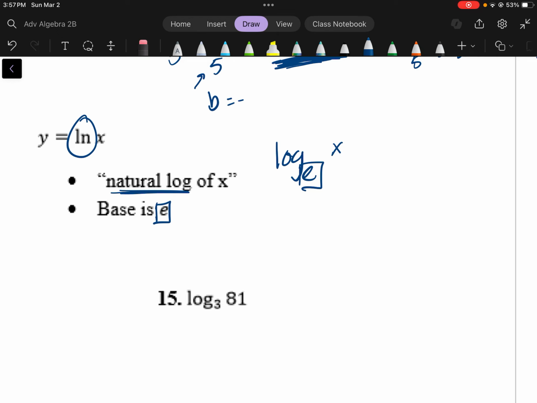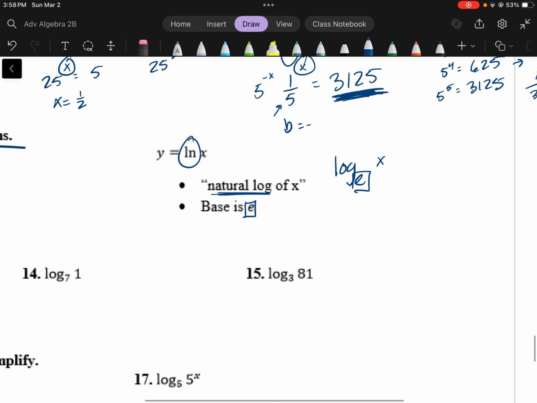E is a very special number that we can get into a different time. It's actually on your calculator. It's just a really specific base value. But for our sake right now, we need to know that ln stands for the natural log, and know that that represents the number e. Because that is a number, not a variable, that's a number.